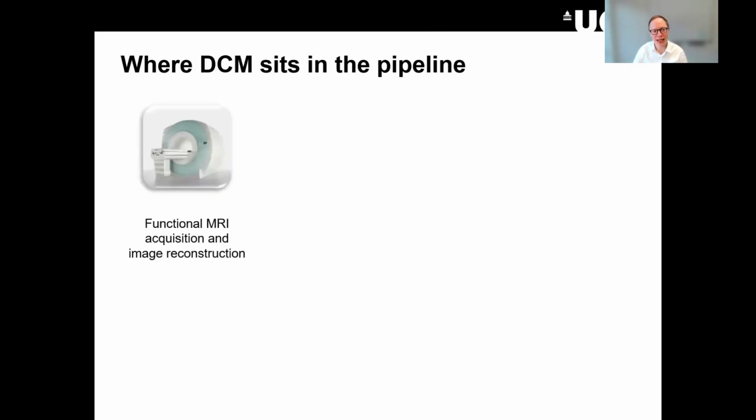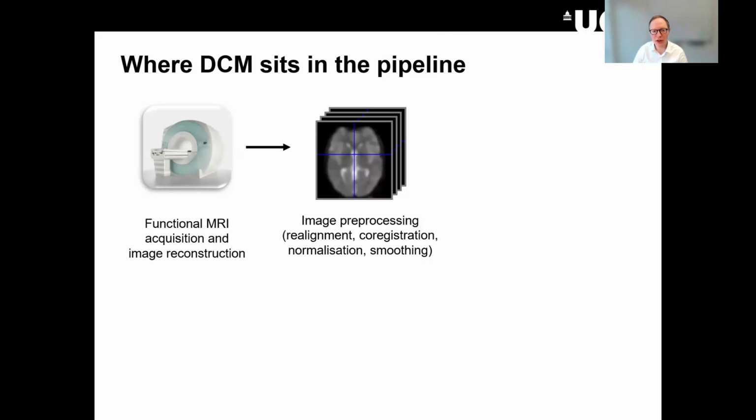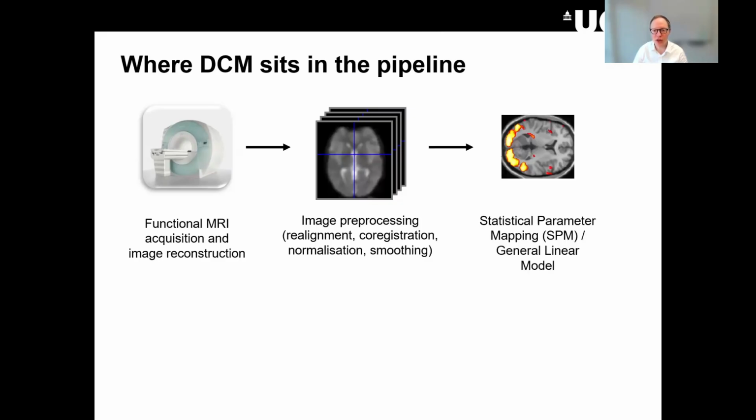You start off by collecting some functional MRI data, doing the image reconstruction. Then you do your pre-processing, collate all the data together. Then you do your SPM analysis. The SPM analysis shows you these nice colorful blobs for where in the brain there were experimental effects.